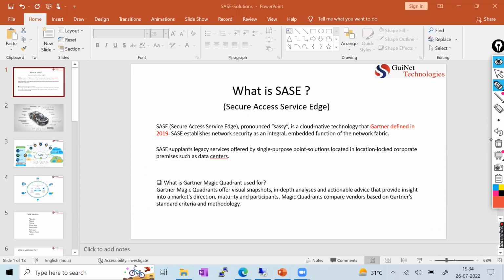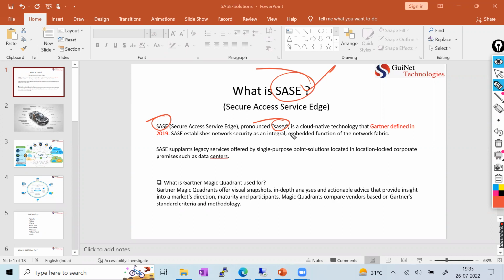Where did this word come from, why did it evolve, and what is the idea behind developing this technology? SASE can be pronounced as SASSY or SASE, it's up to you, but it always remains Secure Access Service Edge.